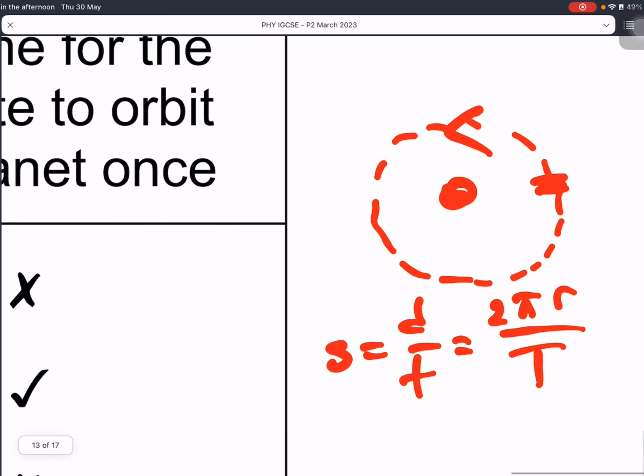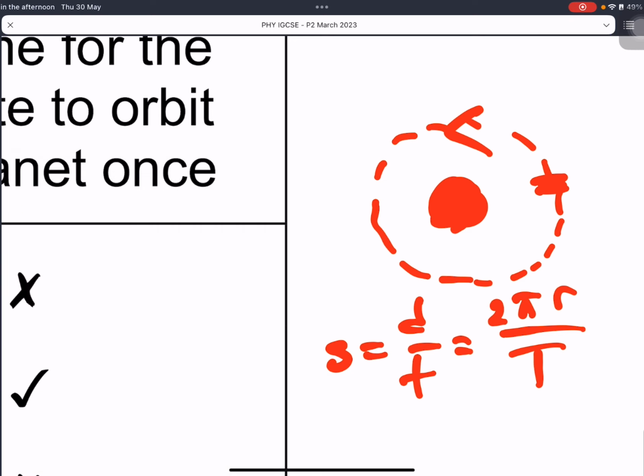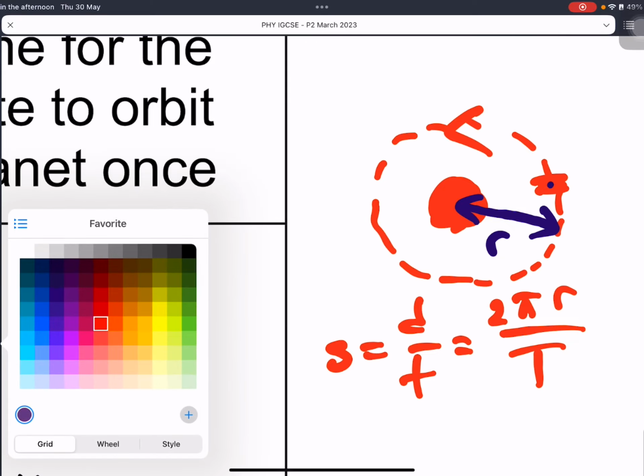Let's say this is going to be the planet. Now, r is going to be the distance from the center, guys. You may rely on your geometry skills. This is going to be r from the center of the planet to the center of the satellite. So you can just say satellite here.